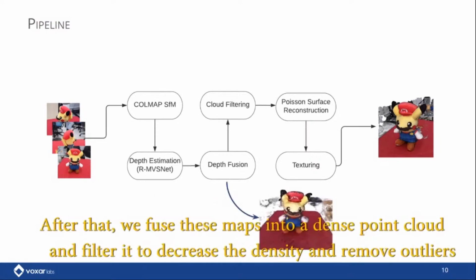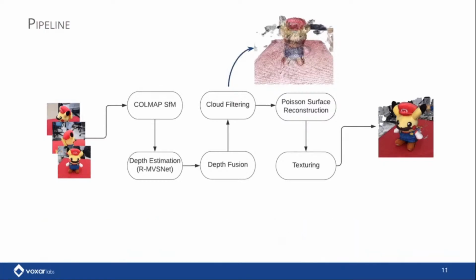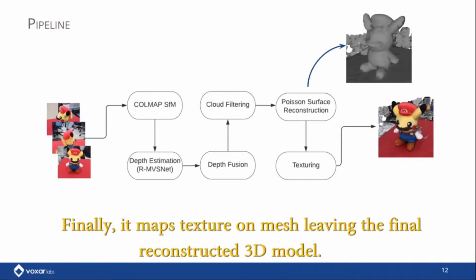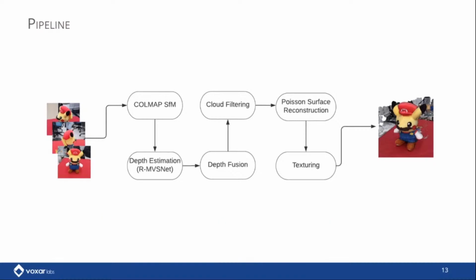After that, we fuse these maps into a dense point cloud and filter it to decrease the density and remove some outliers. Then, we create a mesh using a Poisson surface reconstruction algorithm. And finally, it maps textures on the mesh, leaving the final reconstructed 3D model.